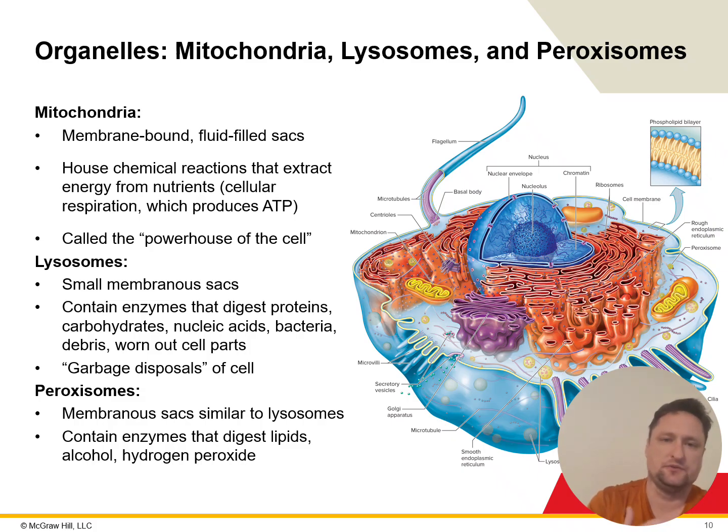So lysosomes, now these are small vesicles containing digestive enzymes that break down worn out organelles, pathogens, or cellular debris. These are essential for serving as the cell's waste disposal system. We all need to get rid of waste, so this is where these come in. Peroxisomes, these are similar in structure to lysosomes.